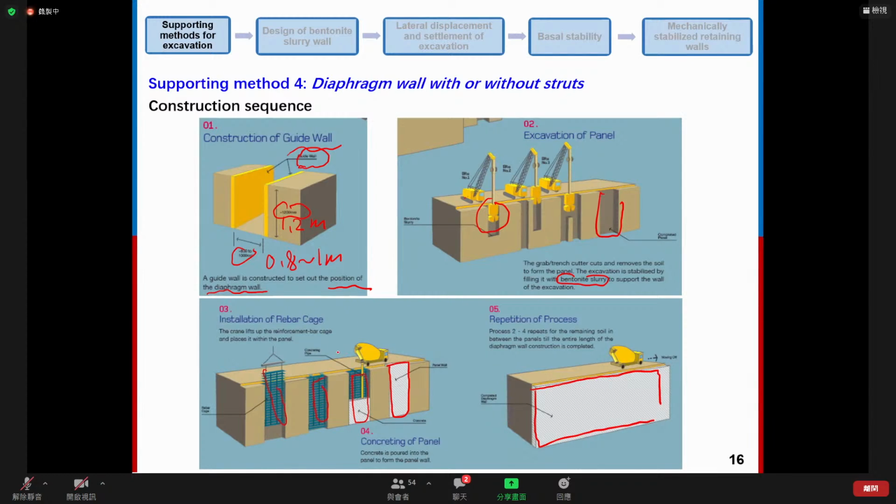And we also need to think about where to form the rebar cage. And also we need a station to mix the concrete. And also, we need to use the bentonite slurry. We also need to think about where to put the bentonite slurry before and after the construction.